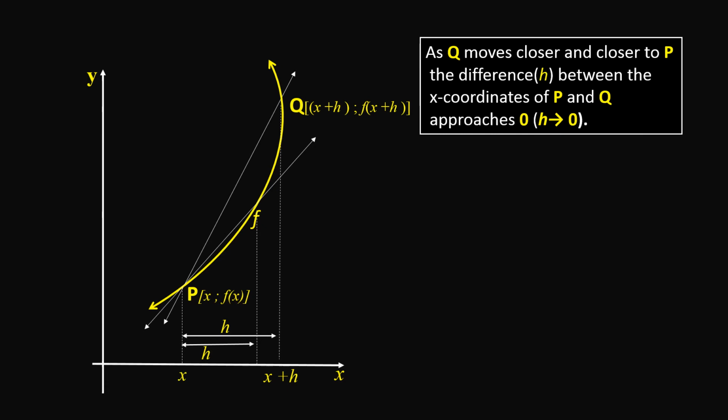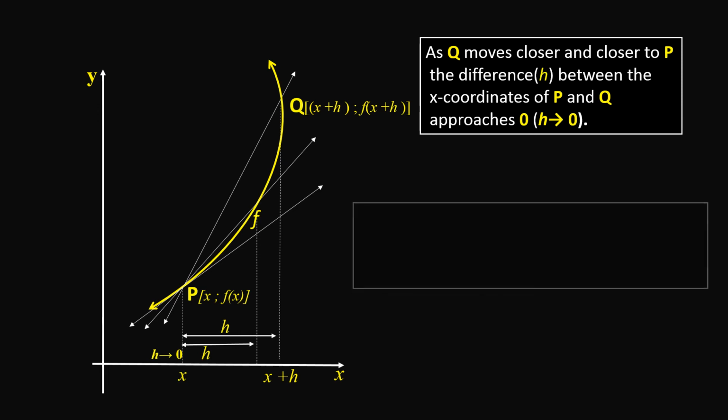The h is becoming smaller. Again, now the line is a tangent. What happens? The difference h is approaching 0. So that is what we notice here. The difference between the x coordinates, that is h, becomes smaller and smaller, or we say approaching 0.